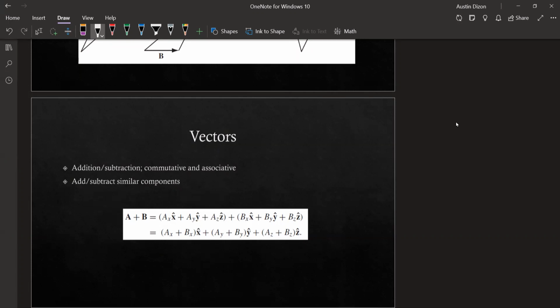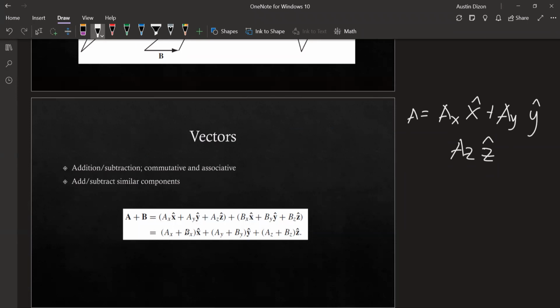So, ayan, kuwari sinulat natin si A as AX x hat plus AY y hat, then AZ z hat. So yung x hat, y hat, z hat, there are directions yan sa Cartesian plane natin, di ba?